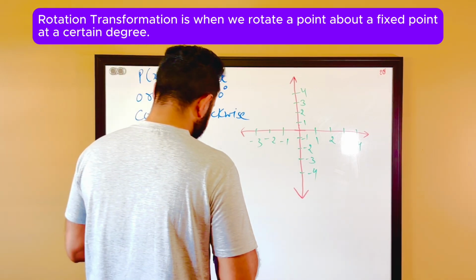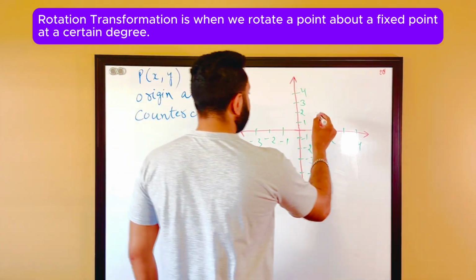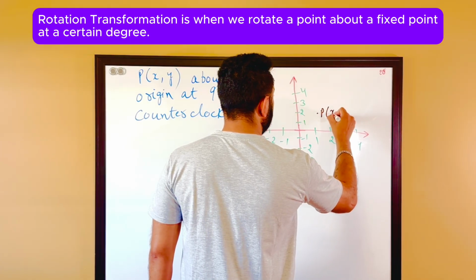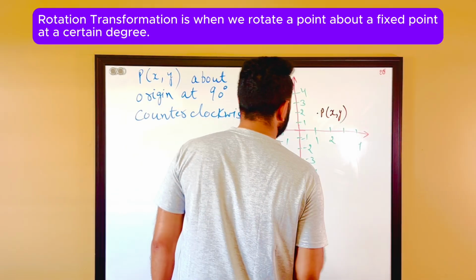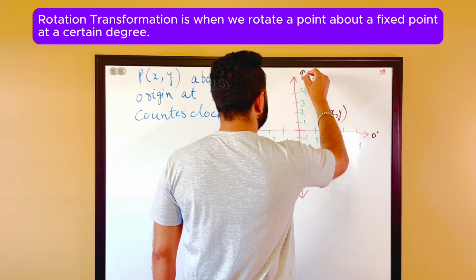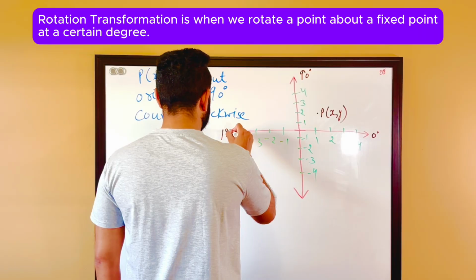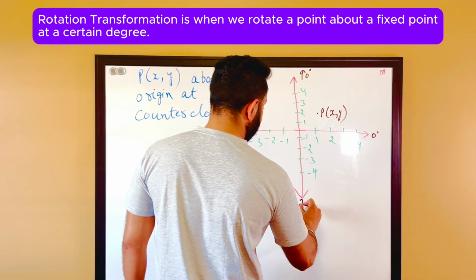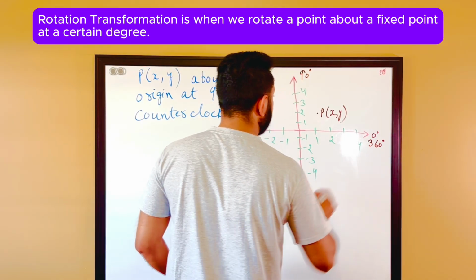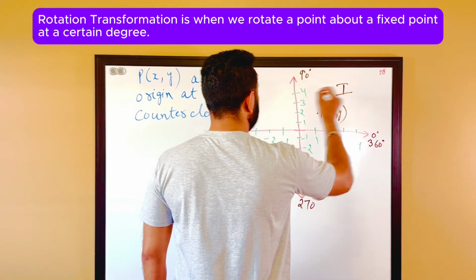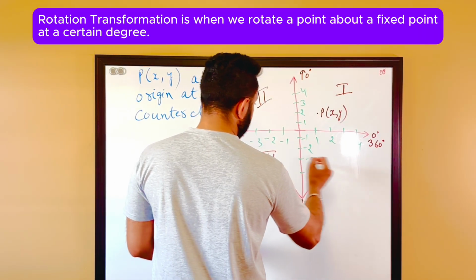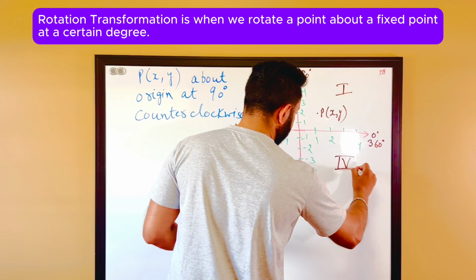Let's say P is the point somewhere here with coordinates X and Y, and this is 0 degree, this is 90, this is 180, and this is 270, and this is 360, and this is the first quadrant, this is second, this is third, and the last is fourth quadrant.